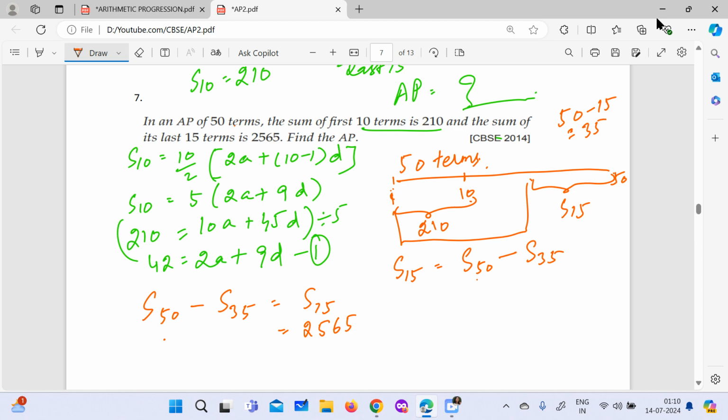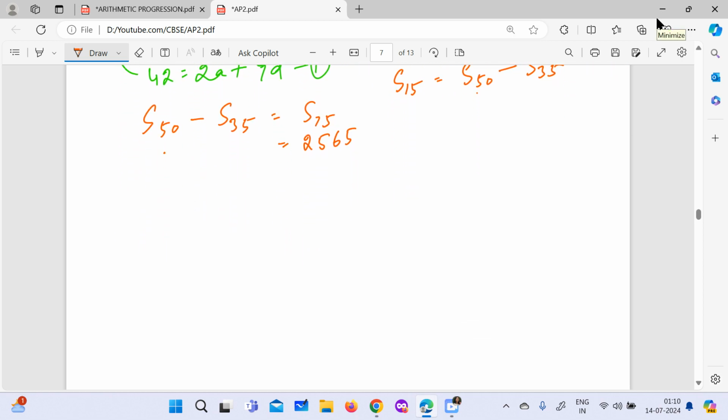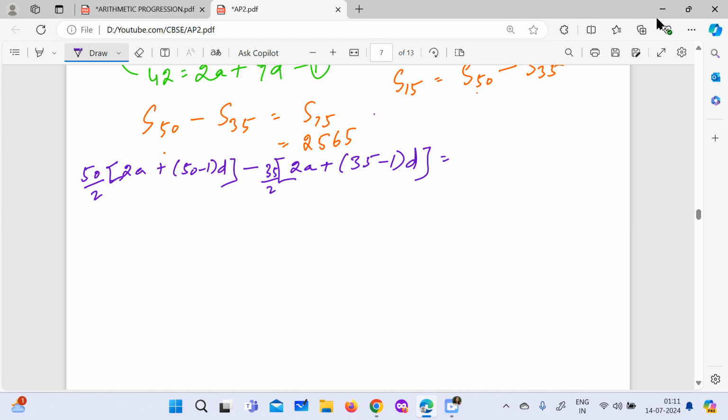Shall we do it directly here? It will be a little lengthier though. So sum of first 50 terms is 50 over 2 times 2a plus 50 minus 1 times d, minus 35 over 2 times 2a plus 35 minus 1 times d, which is equal to 2565. Now let's solve this part.